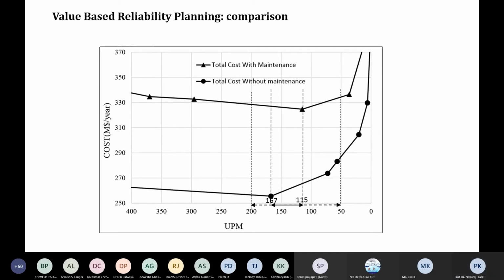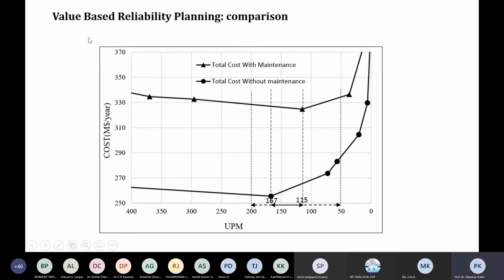And you can see the comparison here: total cost without maintenance and total cost with maintenance. We operate in this range, from around 100 UPM to 200 UPM.